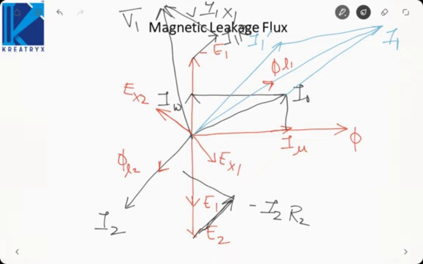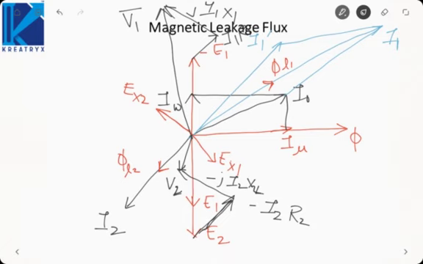Then minus JI2X2 will be like this. So the net phasor, this will give me V2. Okay. So that is how we can find the V1 and V2 from E1 and E2. Just I have applied the equations of KVL.